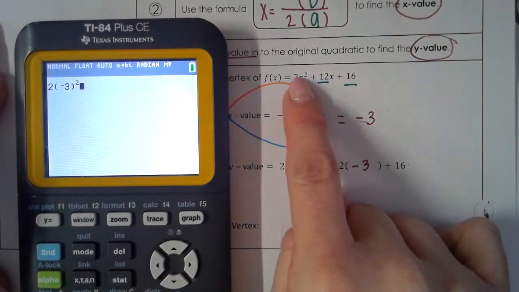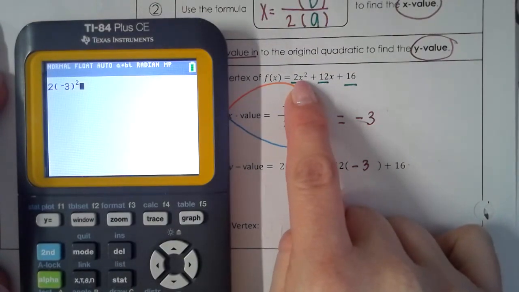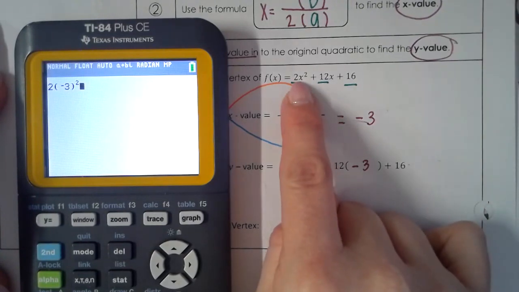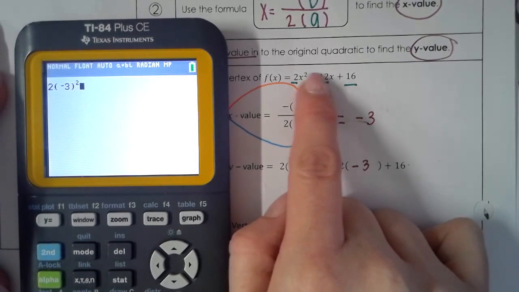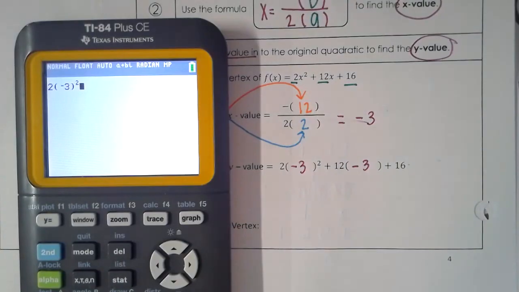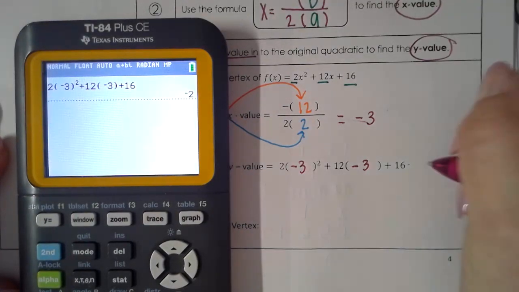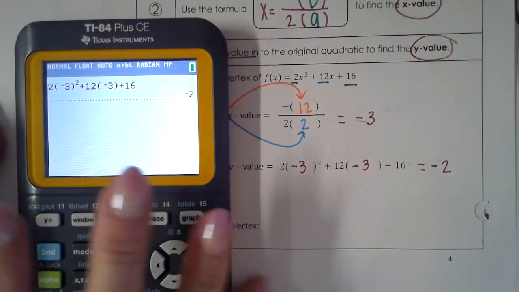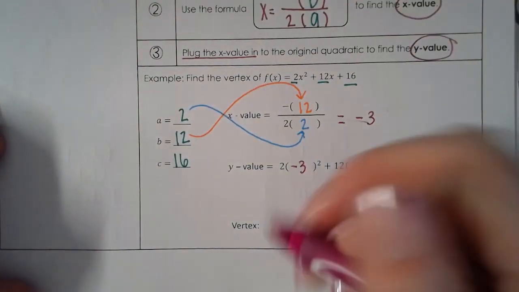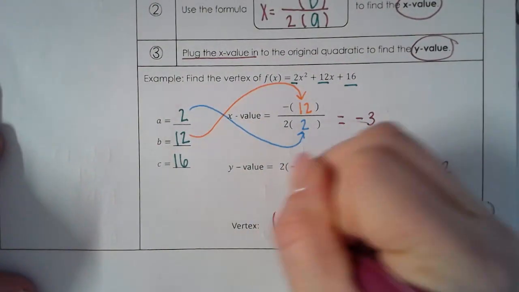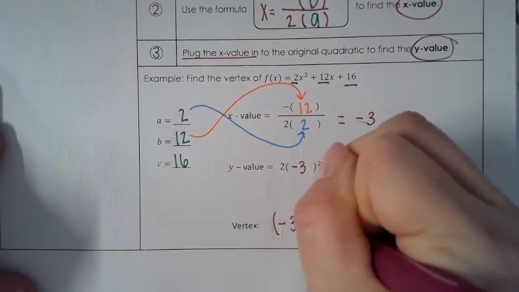Notice that squared is on the outside. You only put in your x value where there's an x. Any numbers before or after it go outside the parentheses. Plus 12 parentheses -3 plus 16. And that gives us -2. So our vertex is the point -3, -2.